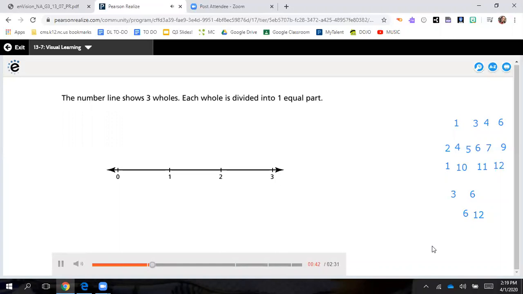The number line shows 3 wholes. Each whole is divided into 1 equal part.